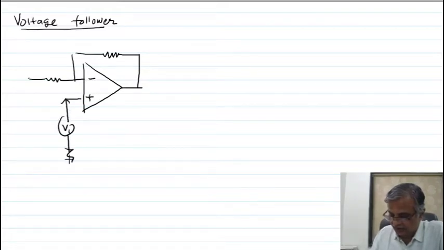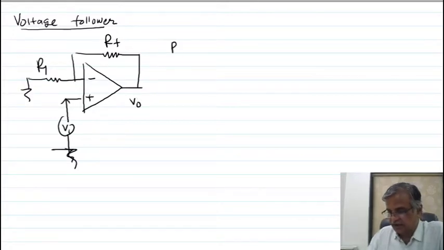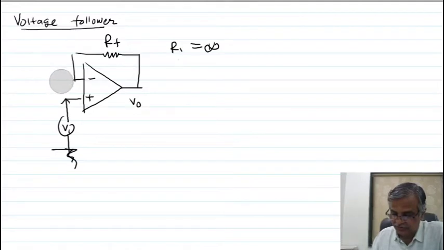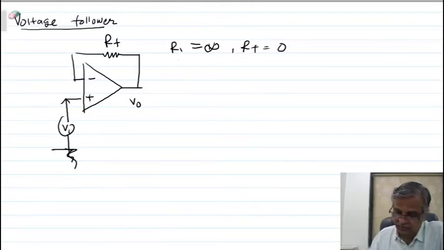In this non-inverting amplifier, if I take R1 as infinite, like this, and second, RF I am taking as 0, which means this is a short circuit like this.